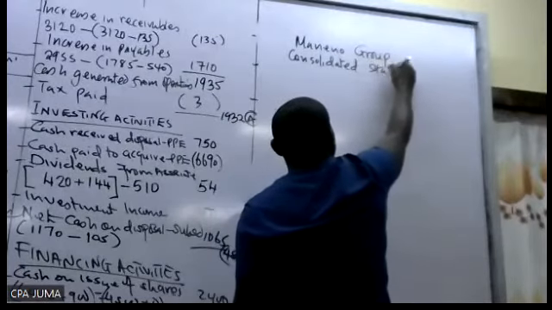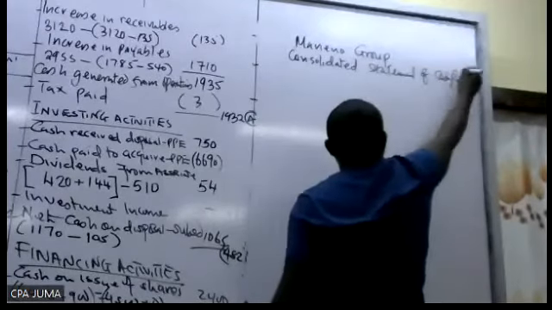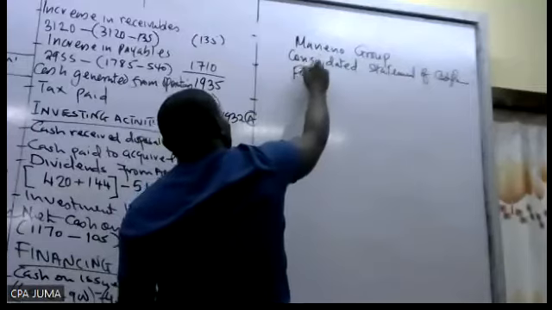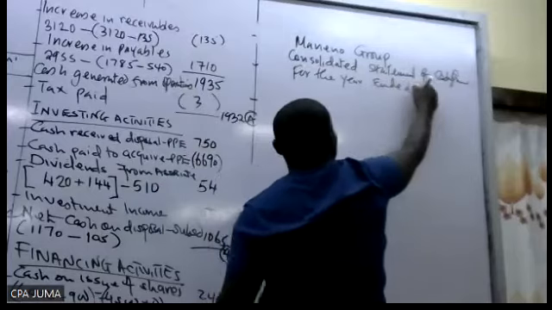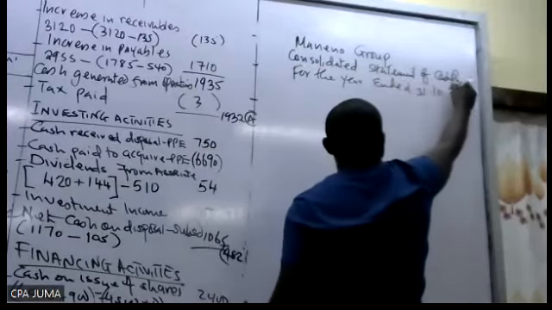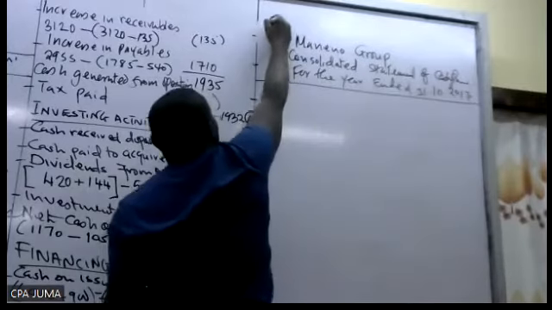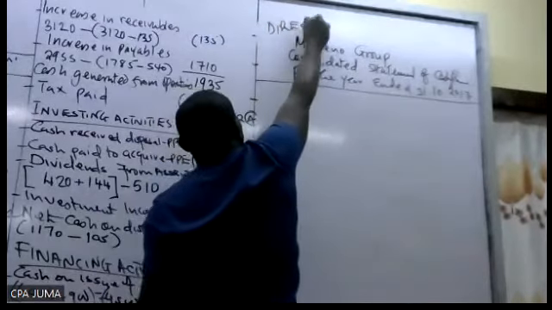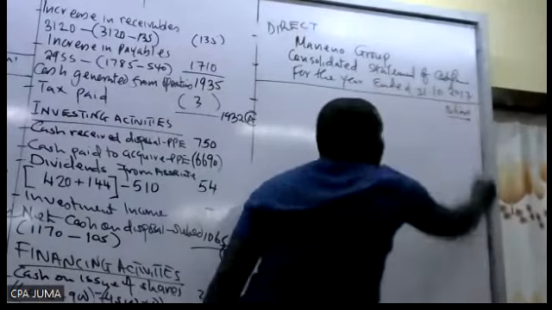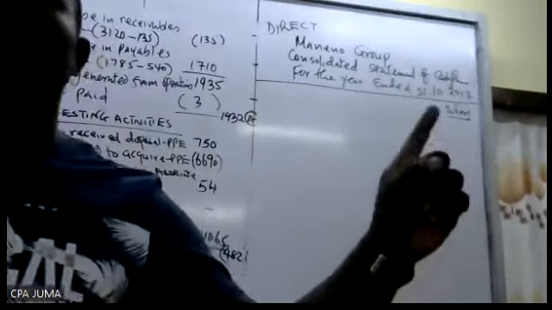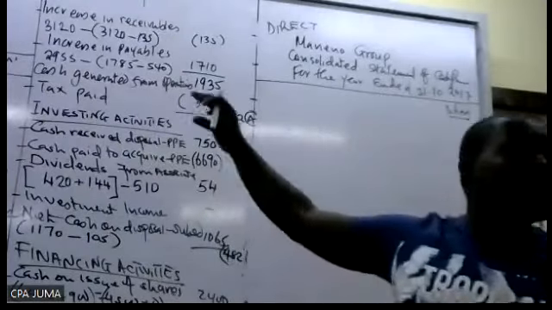Consolidated statement of cash flow. So we are direct. So allow me to, okay. For direct and indirect, they only differ in operations.